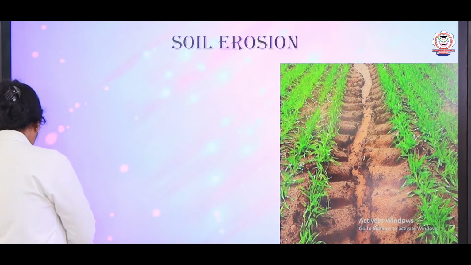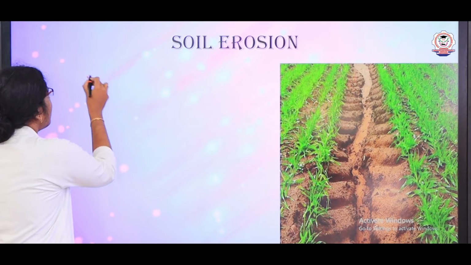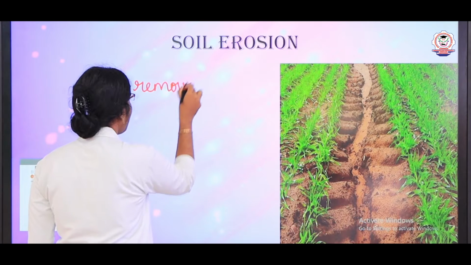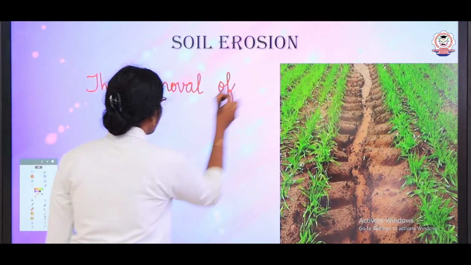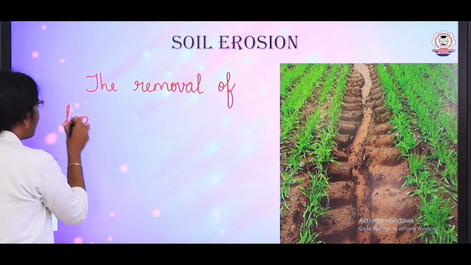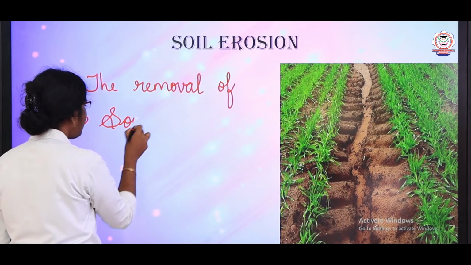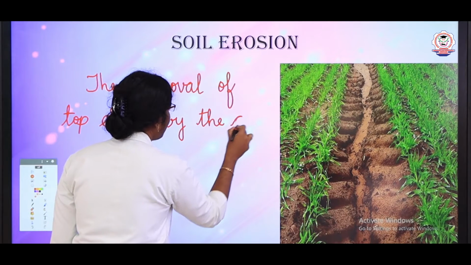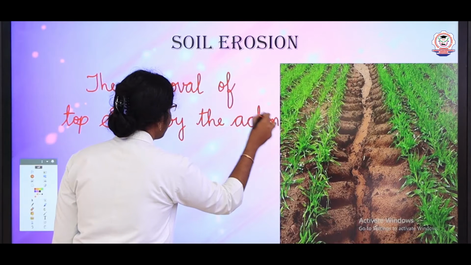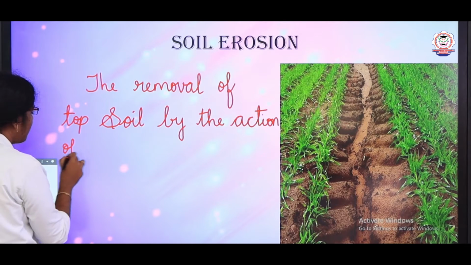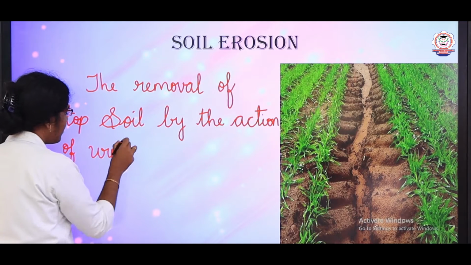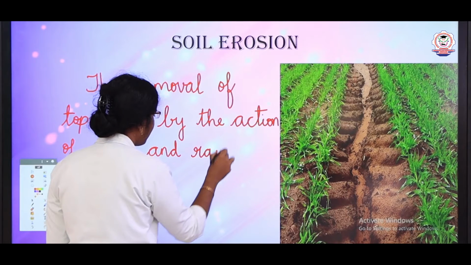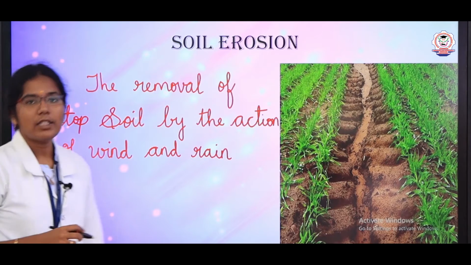So, soil erosion means the removal, R-E-M-O-V-A-L, removal of top soil by the action of wind and rain is known as soil erosion.